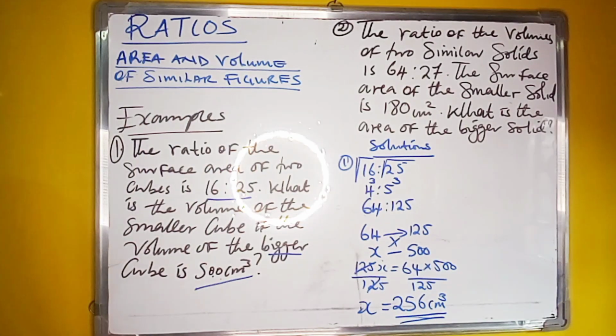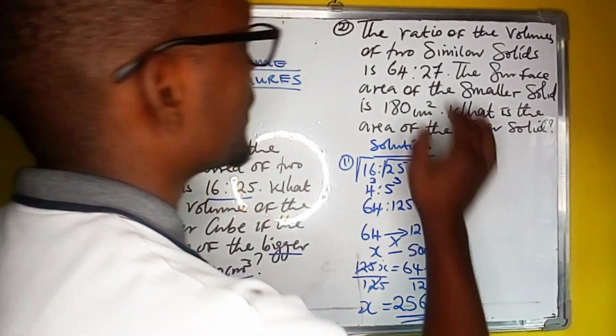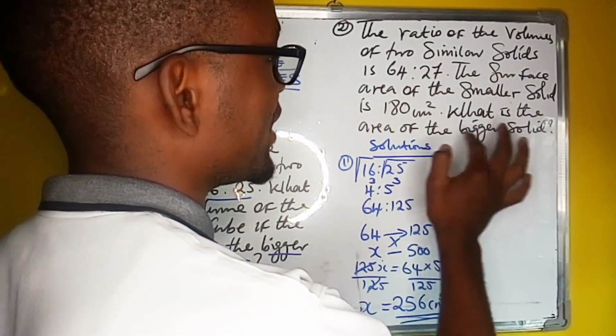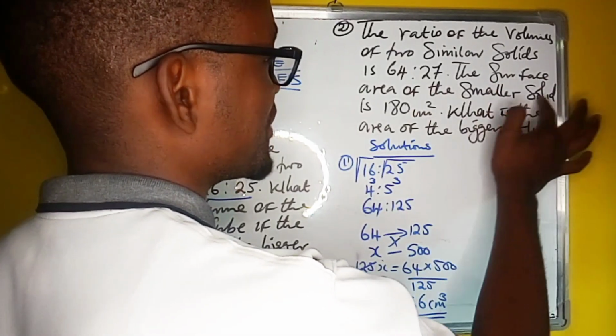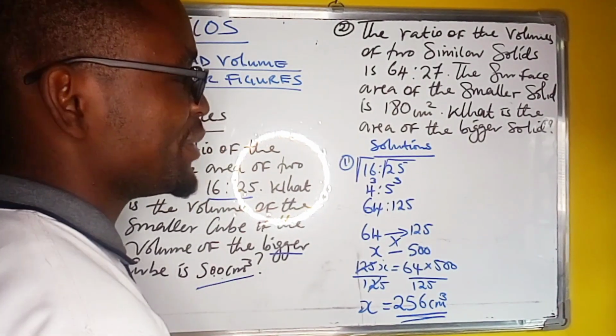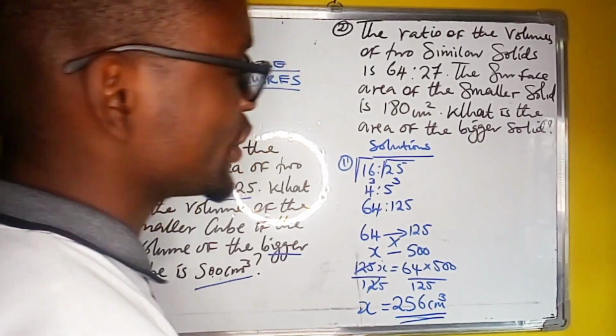Then the next question: the ratio of the volume of similar solids is 64 to 27. The surface area of the smaller solid is 180 centimeters squared. And what is the area of the bigger solid?